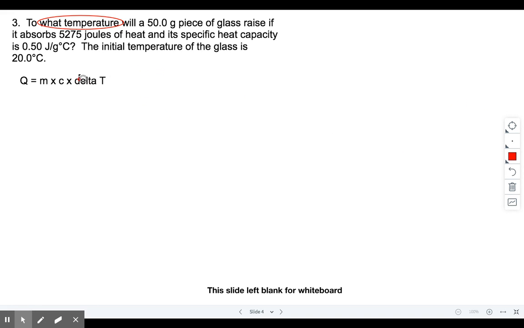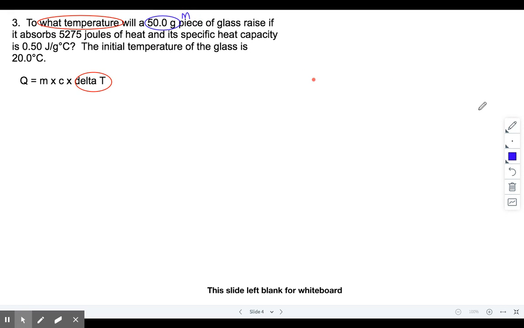To do that, we need the delta T, because we know the initial temperature, but we don't know the final temperature. In order to get the final temperature, we need the change in temperature. So let's look at what I do have. I have 50 grams. I know grams is mass, so that's my mass of the glass.